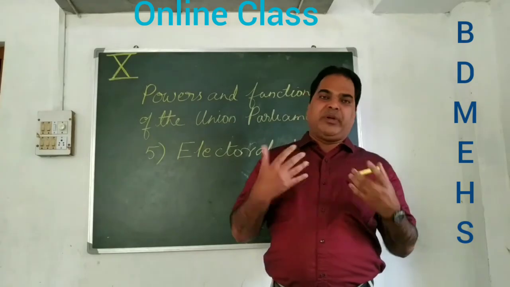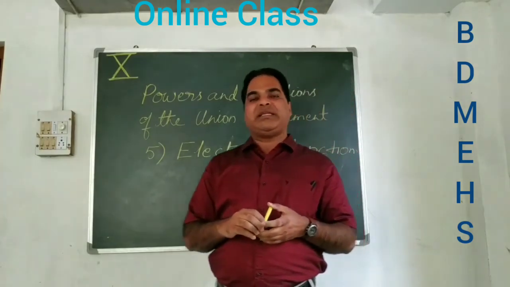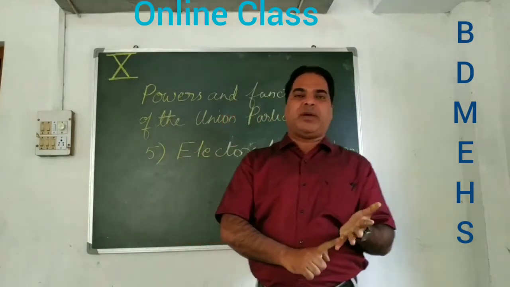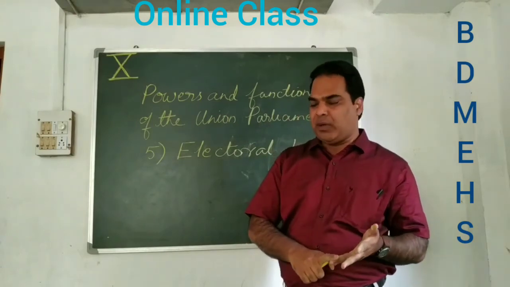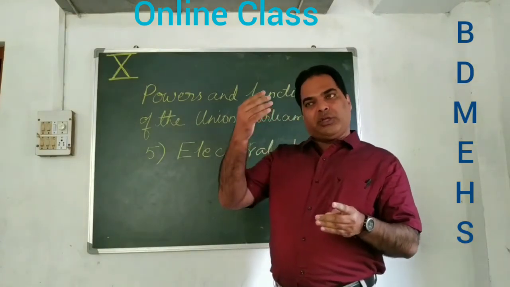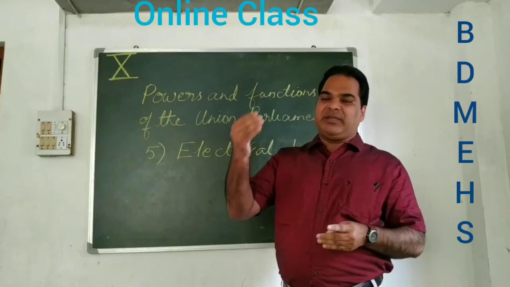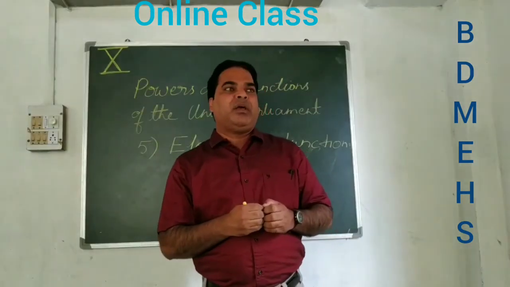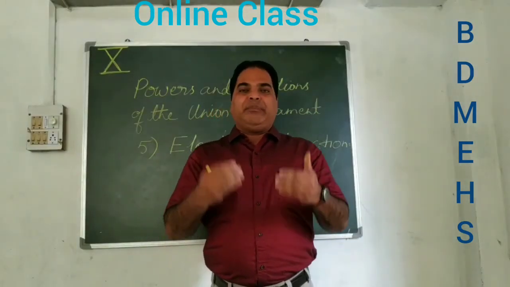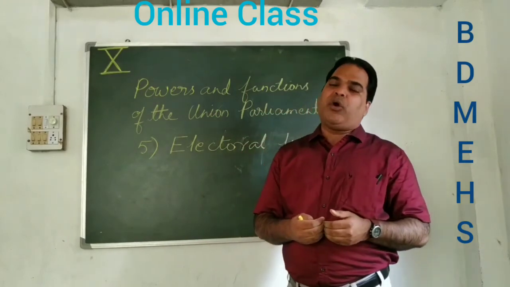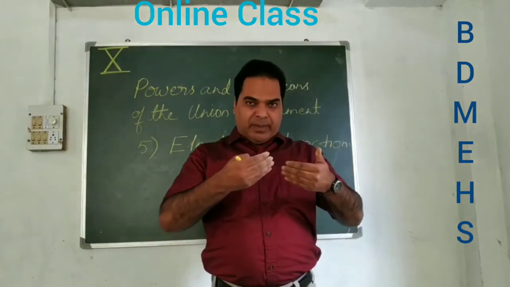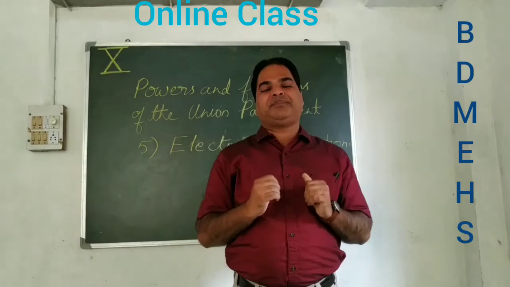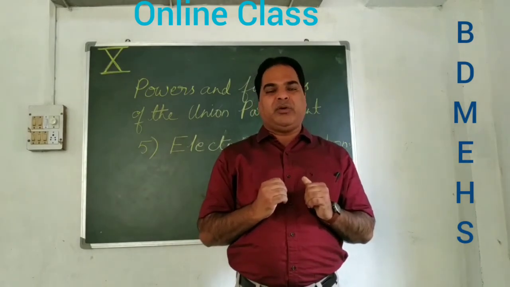So the President is elected by the members of Lok Sabha and Rajya Sabha. Number 2, the Speaker and the Deputy Speaker of Lok Sabha. Number 3, the Deputy Chairman of the Rajya Sabha is elected by the members of Rajya Sabha. I think you understood it.